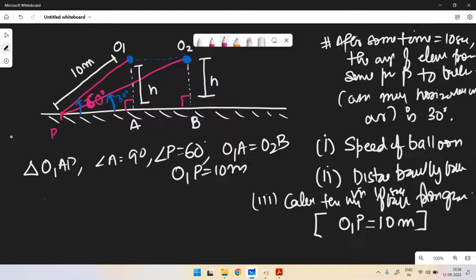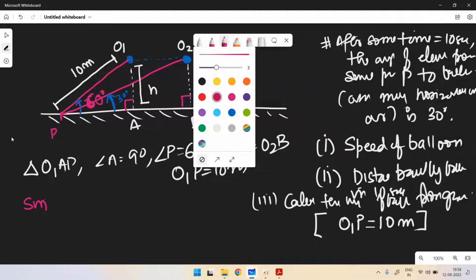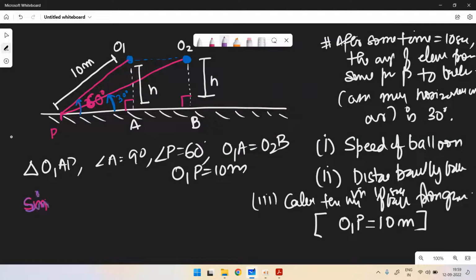For calculating O1A, O1P is given, and with respect to 60 degrees this is perpendicular by hypotenuse, which is sine. So using sine of 60 degrees, sine of 60 degrees is nothing but O1A by O1P.